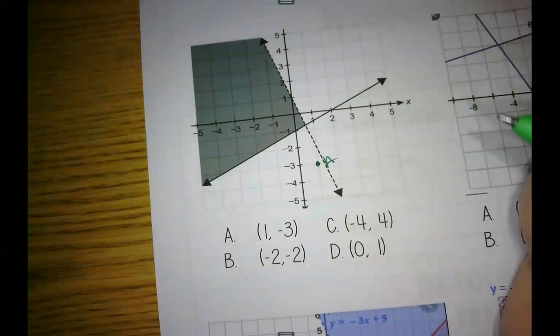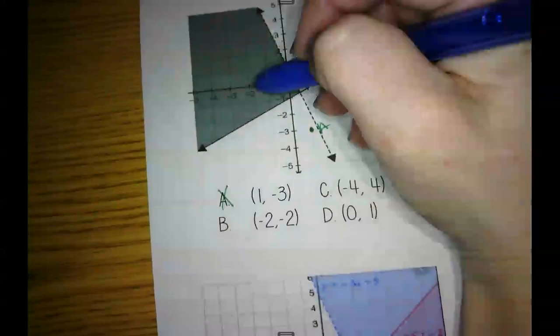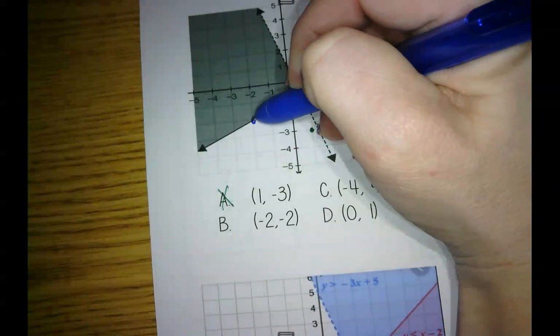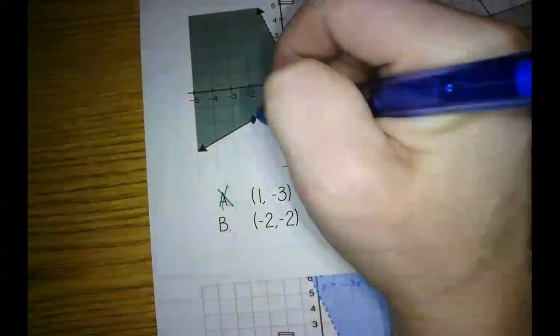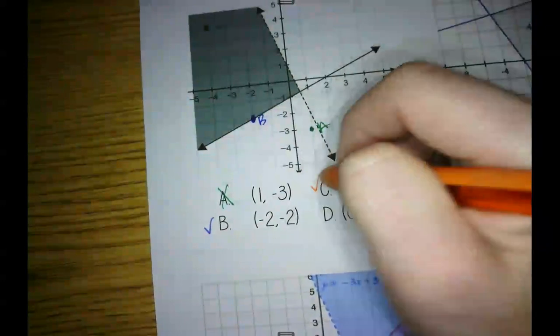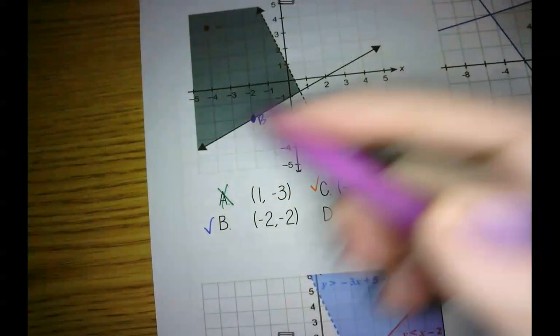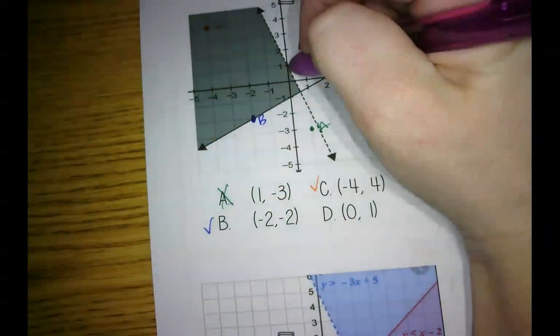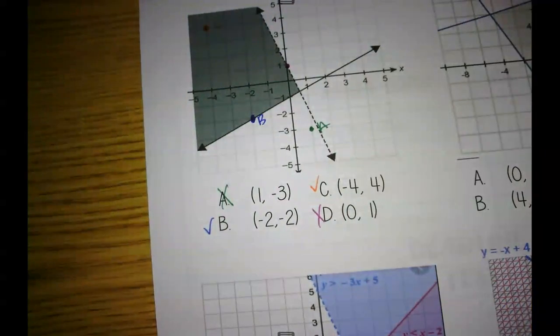It's outside that shaded area, so that is not a solution. Point 2, it is on that solid line. So again, if it's on the solid line, it is a solution. We've got -4, 4, that's in that shaded area, so that one's a solution. And then we've got 0, 1, that's on the dotted line, so that is not a solution.